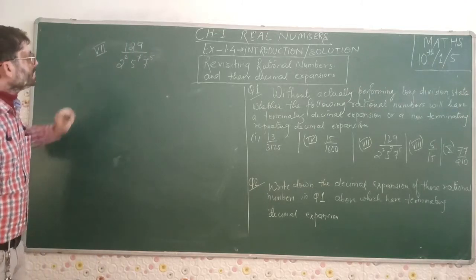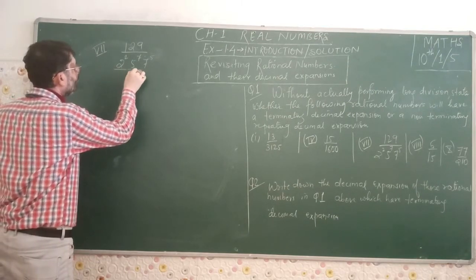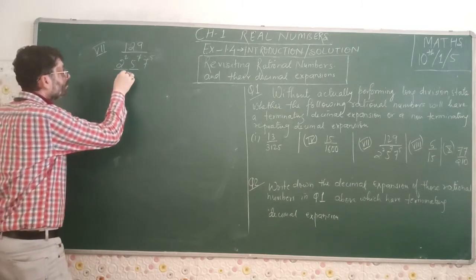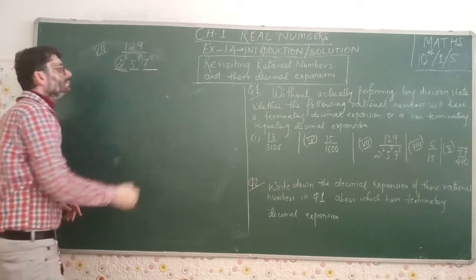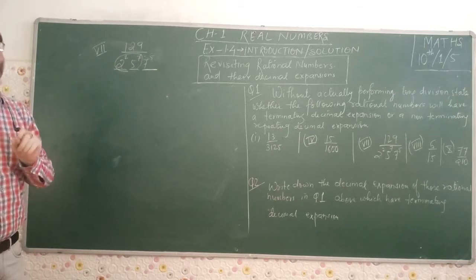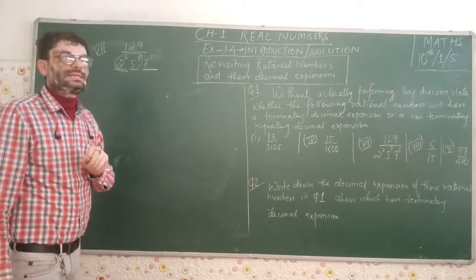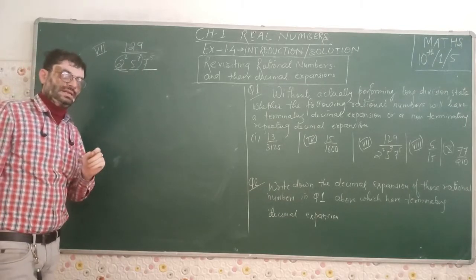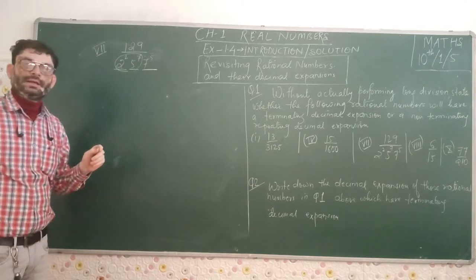Here we observe that we have 2 to the power n, we have 5 to the power n, and as I have told you, if apart from these numbers 2 and 5, we get any other numbers as prime factors out here, then it is always a non-terminating decimal expansion, but it will be a repeating decimal expansion because it is a rational number, and as per the definition of the rational number, if it is a non-terminating decimal expansion, then it should be a repeating one.